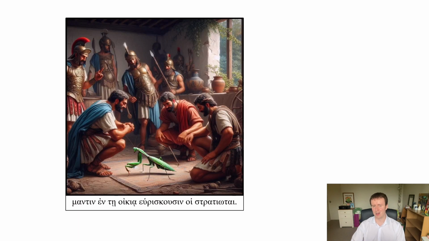Looks quite different, right? If we take mantis to mean mantis rather than a prophet or a seer, this gives us quite a different image. But do bear in mind that mantis means prophet or seer in the overwhelming majority of cases. In fact, every time I've encountered it in Greek, it has had the meaning prophet or seer rather than mantis.